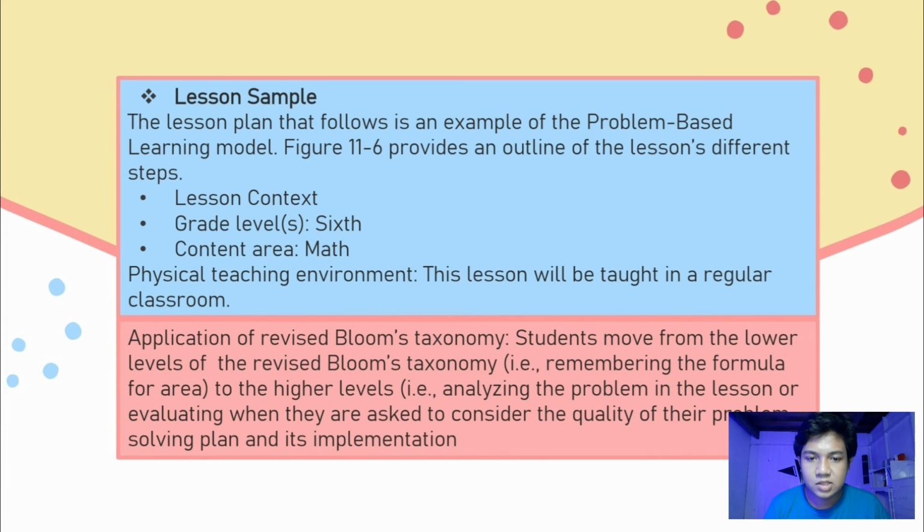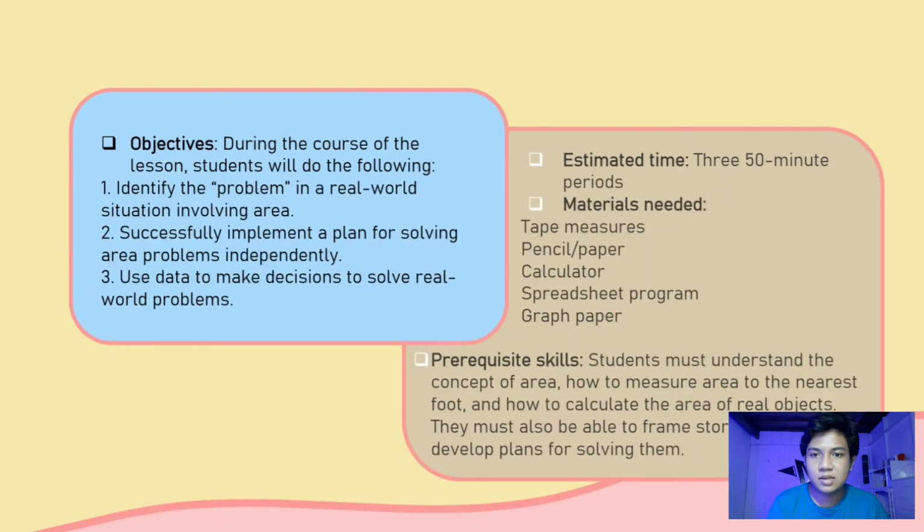Lesson plan goals: students will be able to calculate the area of a rectangular space, then use this information to solve the problem of carpeting a space. Objectives: during the course of the lesson, students will do the following: identify the problem in the real world situation involving area, successfully implement a plan solving area problems independently, and use data to make decisions to solve real world problems.